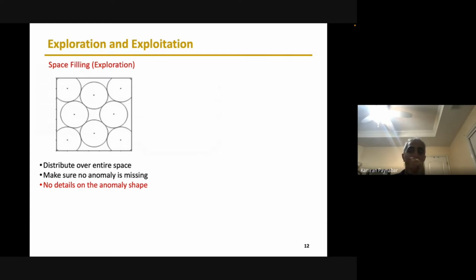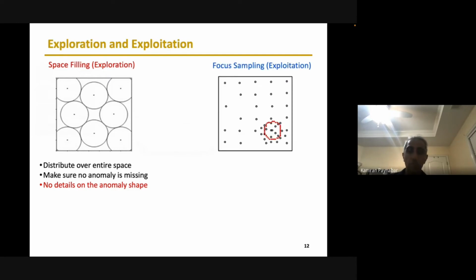We can say, oh, we found one point which has a problem, but we don't know what the shape of the anomaly is. On the other hand, we can have focused sampling, which we call exploitation. When you find an area with a defect, you want more sampling to be able to detect its shape.